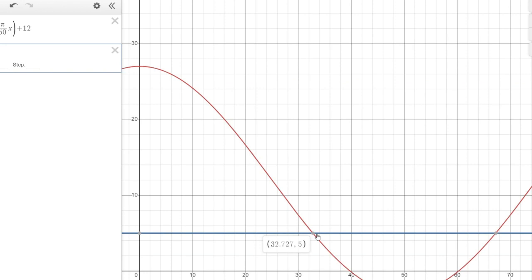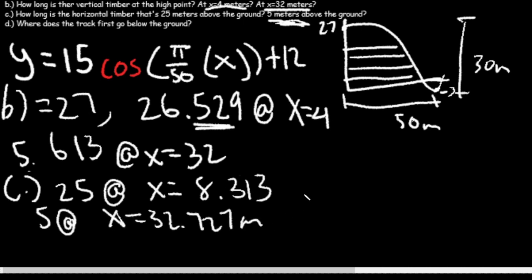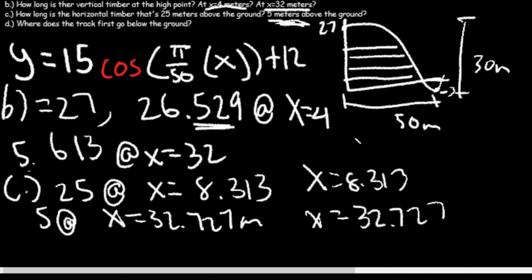The timber is 32.727 meters long. So 5 at x equals 32.727 meters. Another way you can express this answer is to simply put x equals 8.313 or x equals 32.727 meters.